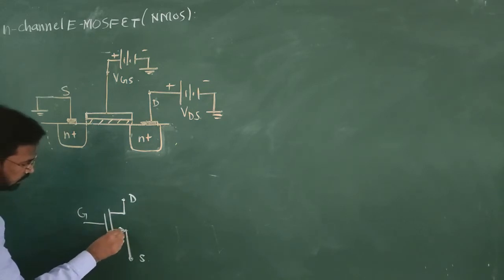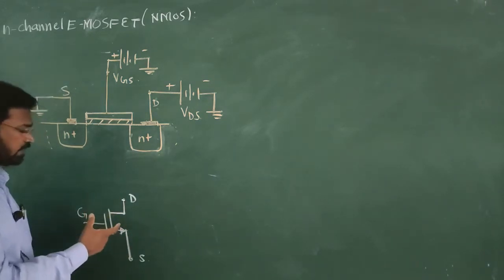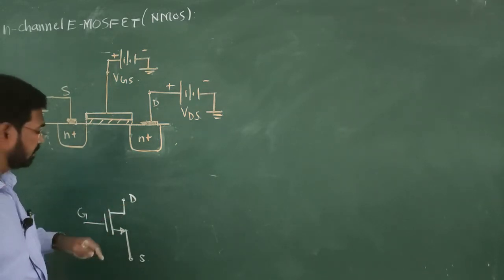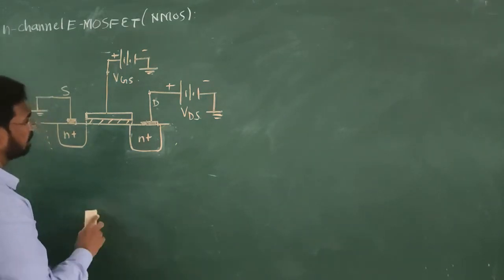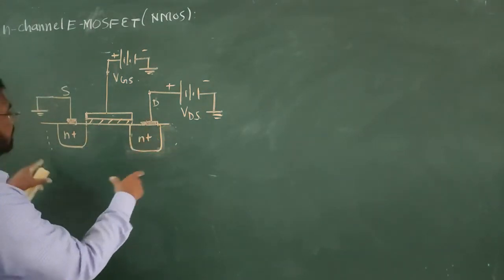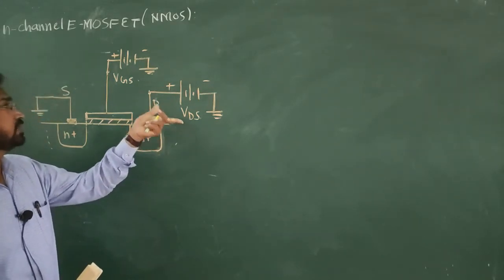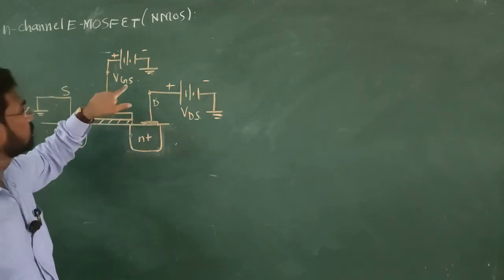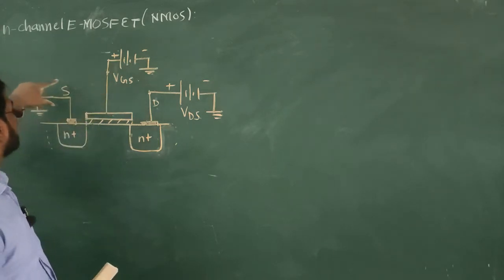An arrow is shown on the source. We are going to use this symbol when we will be studying the biasing circuits of this NMOS. The device is biased by using different DC voltage sources. Voltage source 1 connected to drain and voltage source 2 connected to gate, and source is grounded.